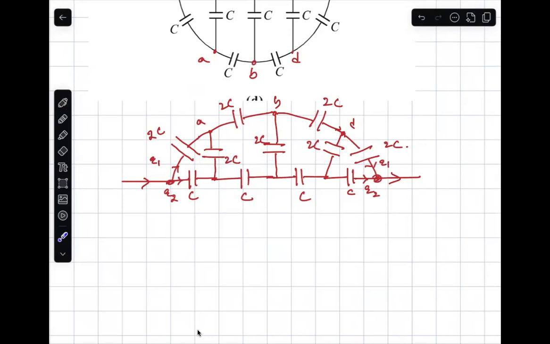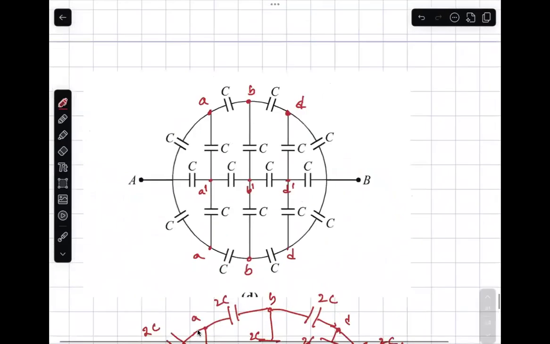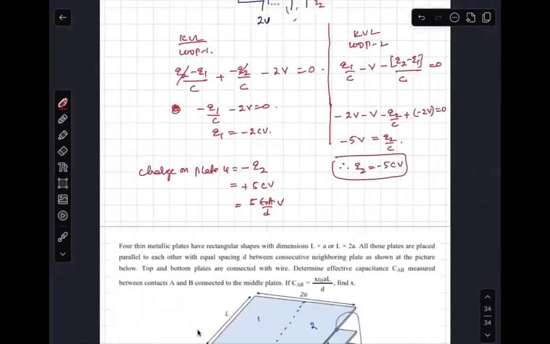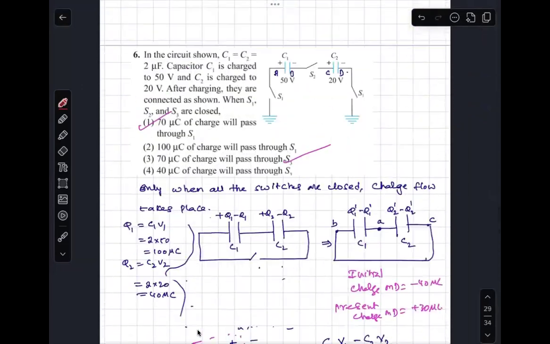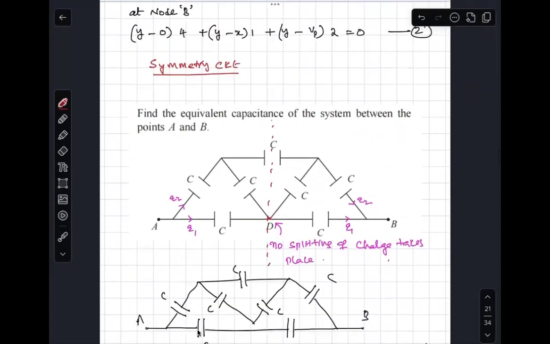Okay, and now I'll name these A dash, B dash, D dash, A dash, B dash, D dash. Yesterday only we have studied. I'll show you that question so that you will be convinced. Yes, whatever technique I have applied here, I am going to use the same technique there.